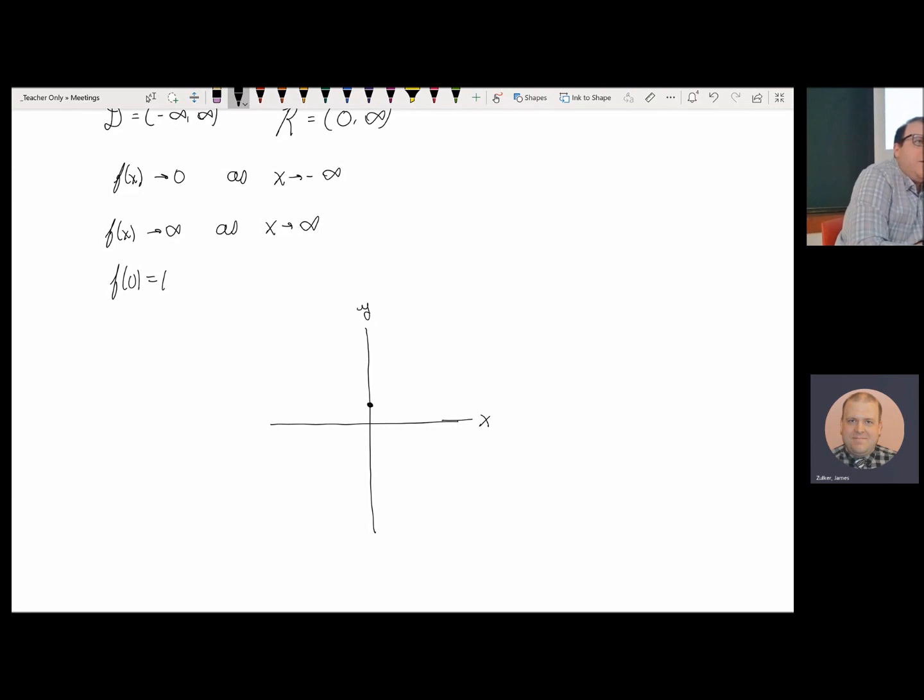Say there's 0, 1. That would be the point 1, 2. There's 2, 4. Negative 1, 1/2. Negative 2, 1/4.